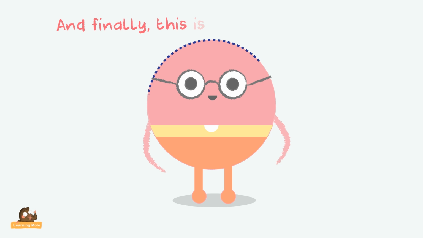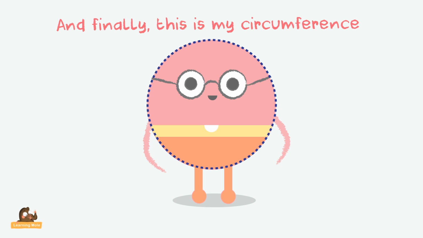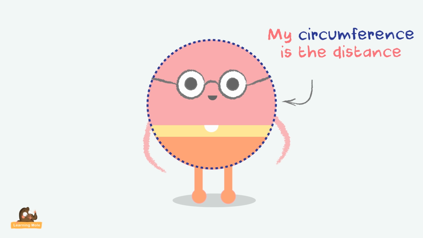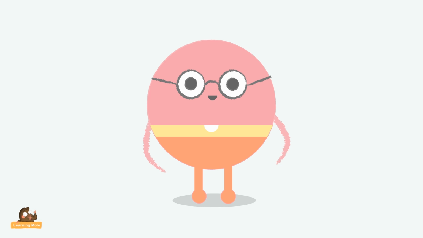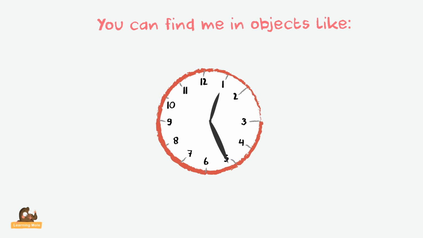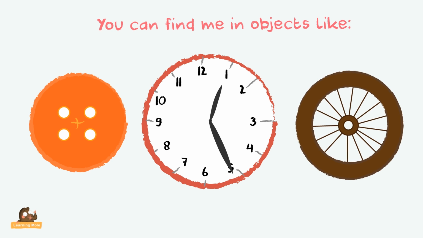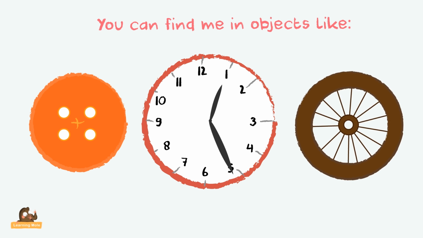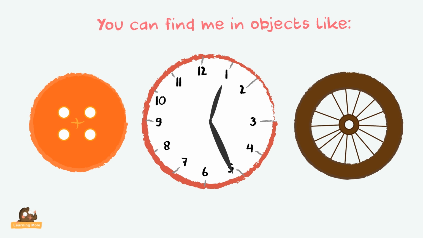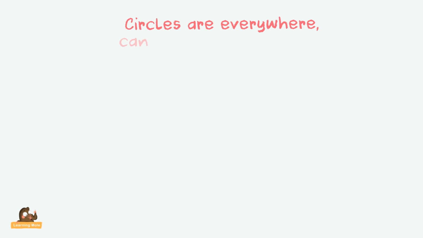And finally, this is my circumference. My circumference is the distance all around me. You can find me in objects like clocks, buttons and wheels. Circles are everywhere.